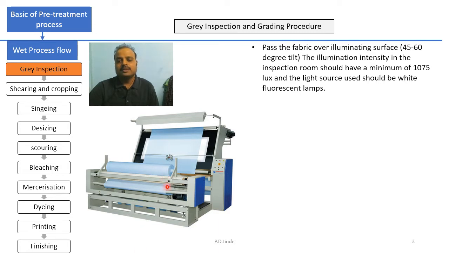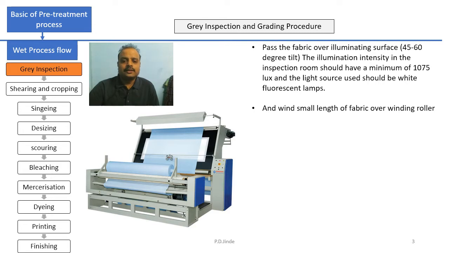A person standing in front of the fabric can easily visualize the whole fabric from edge to edge. This illuminating surface is around 175 lux illuminated, which means the intensity of light is measured in lux. Lux is a unit of intensity of light, and the light source generally used is a white fluorescent lamp.